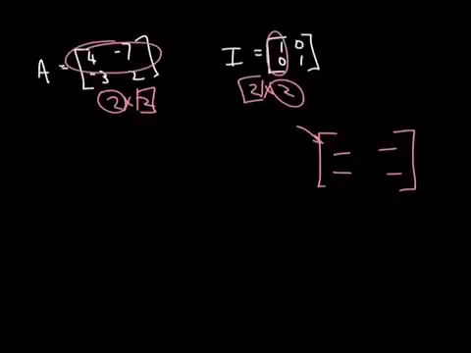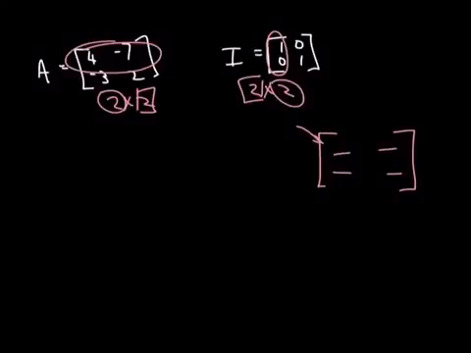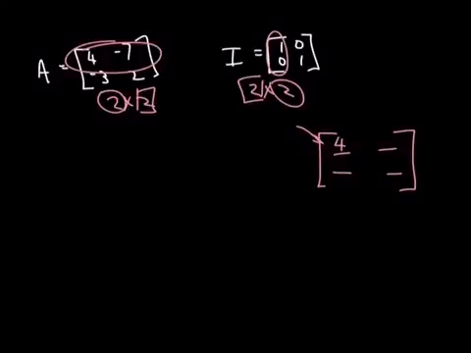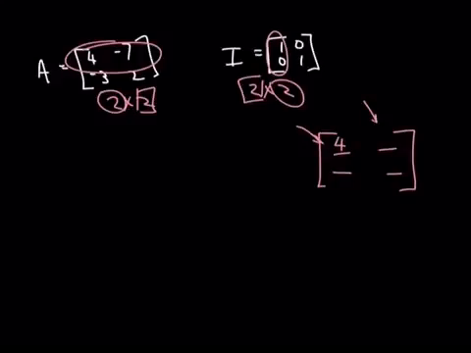So 4 times 1 plus negative 7 times 0 gives us a 4. And we do this one right here. It would be 4 times 0, 0. Negative 7 times 1 is negative 7. So what we end up getting is our A back when we multiply it by its I.